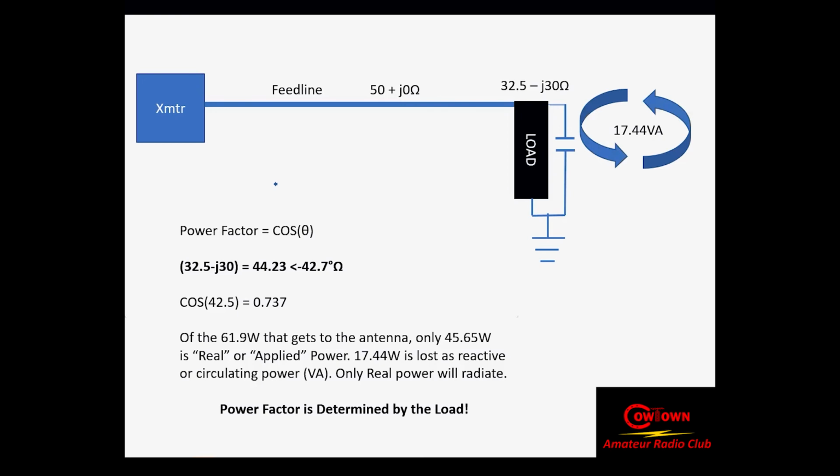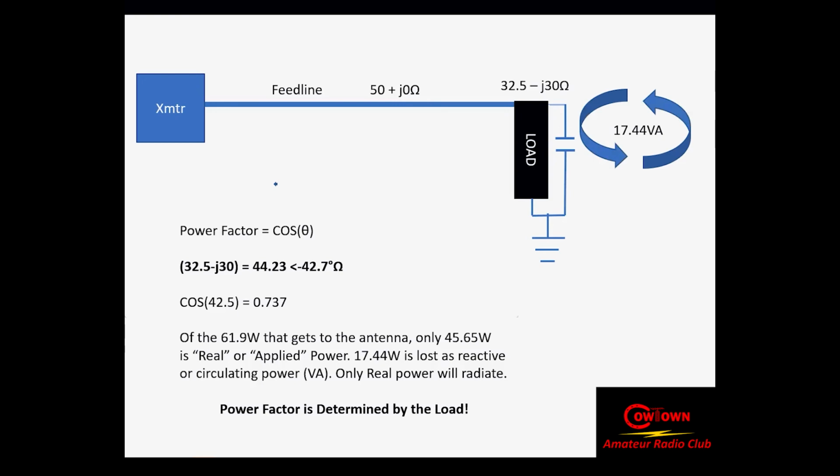It's also the magnitude of the complex number. Well, power factor is determined by the load, not by the transmitter, not by the generator. The load determines what the power factor is going to be.